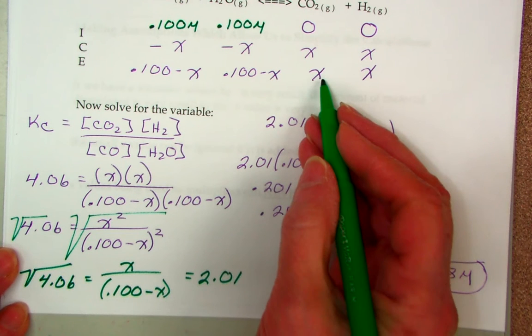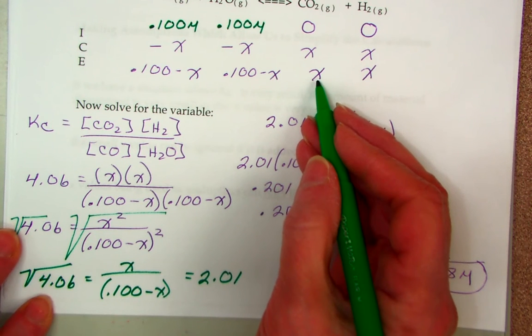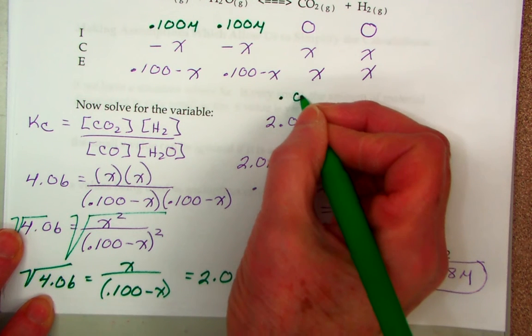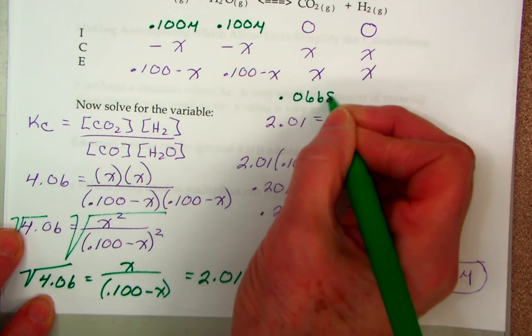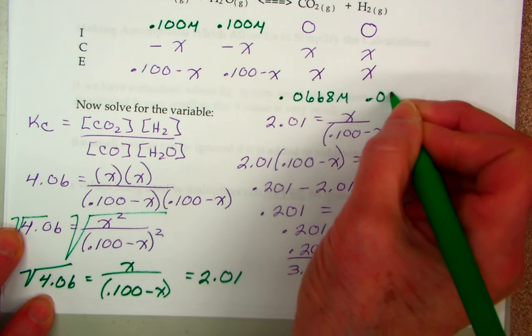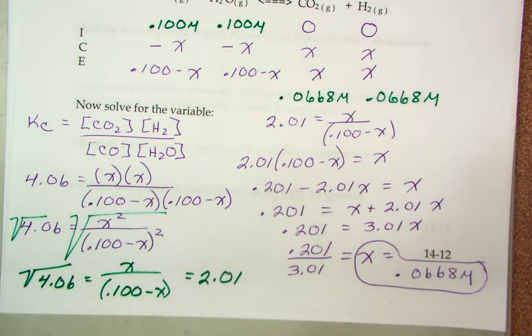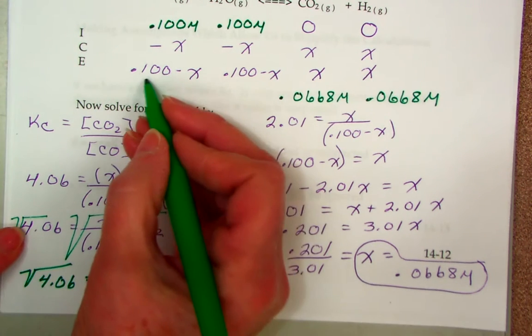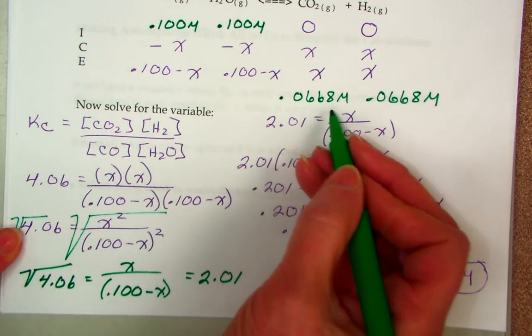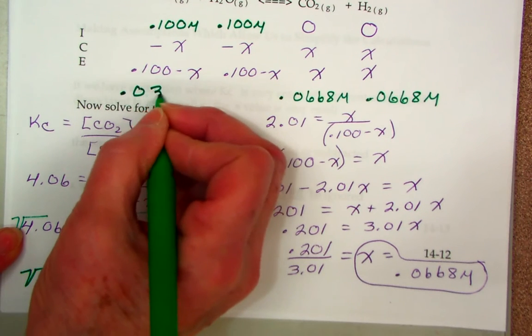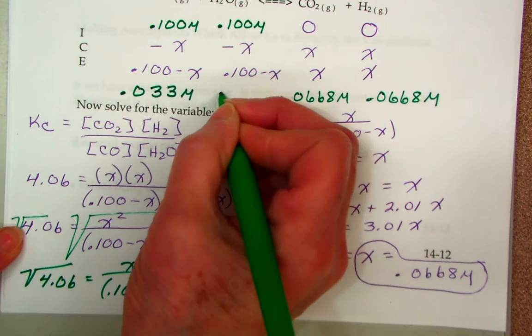So at equilibrium, the carbon dioxide concentration and the hydrogen concentration are 0.0668 molar. At equilibrium, the carbon monoxide concentration and water concentration are 0.100 minus 0.0668 molar, so we get 0.033 molar by subtraction.